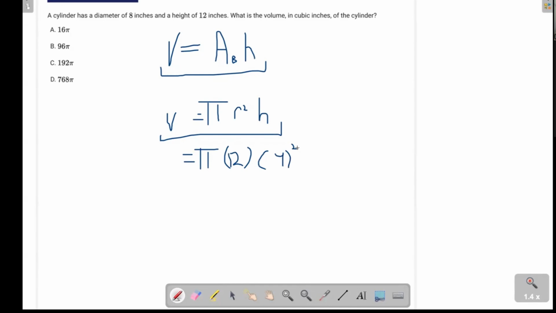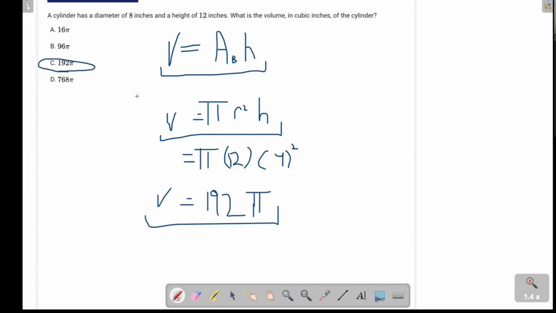And from here, just multiply everything out. You don't multiply by pi because it has pi in all the answer choices. So it's just 12 times 16. That's going to give us 192. So our volume is then equal to 192 pi. All right. Does that make sense to everyone? So our answer is going to be C.